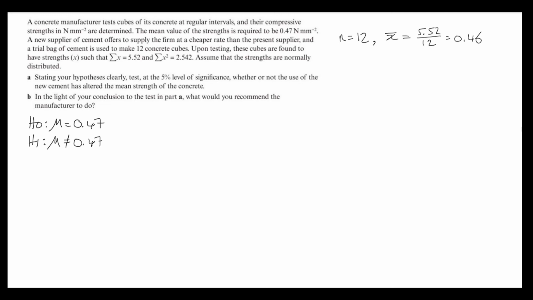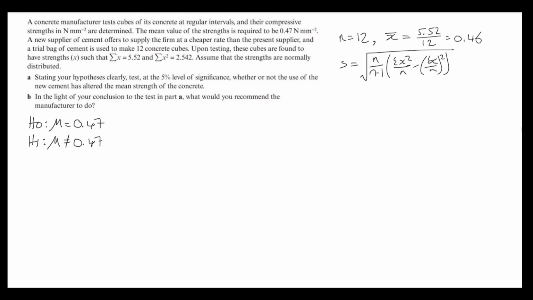And we need to do a similar thing for our sample standard deviation, for S, the unbiased estimator of the standard deviation. So for S, it's going to be the square root, and here's the formula I like the most, n over n minus 1, sum of x squared over n, minus the mean squared, and then we'll just substitute our values in.